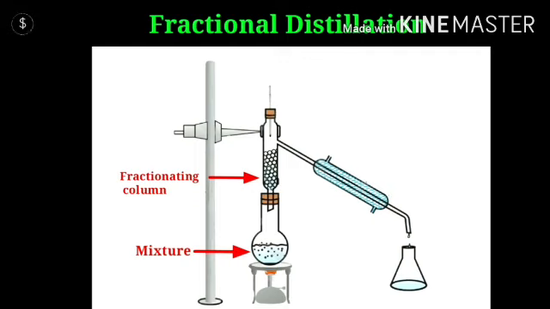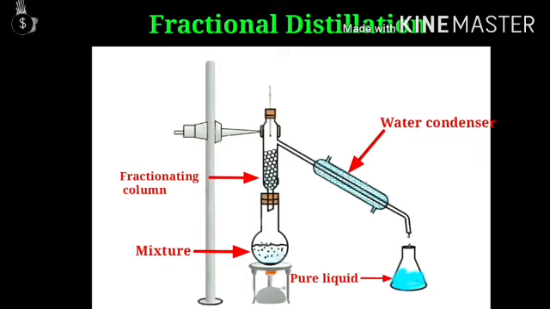The mixture of different miscible liquids is taken in the distillation flask. It is heated, and as the boiling point of any one component is reached, it starts converting into gaseous state. It moves into the condenser, and there, with the help of cold water, it changes into liquid state, and drop by drop the pure liquid is collected.